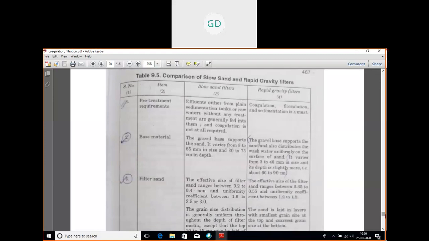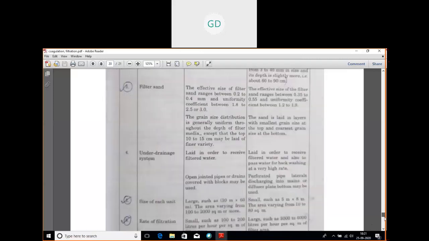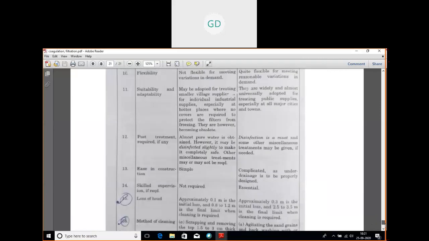The items will be given to you, like on the basis of base material, on the basis of filter sand. So for that you need to know each and every difference. Try to remember the 10 points which I have already marked, and write them down in your copy.